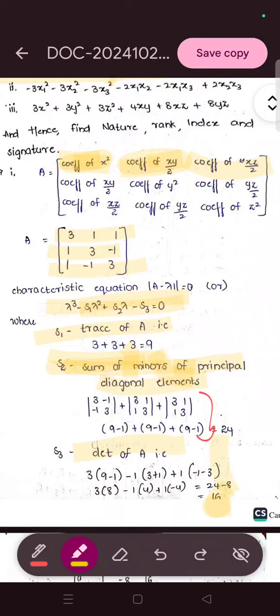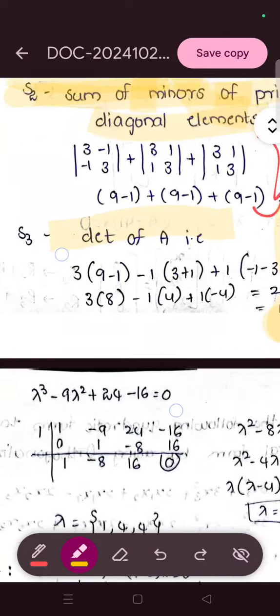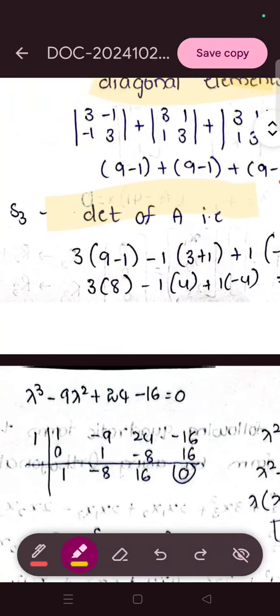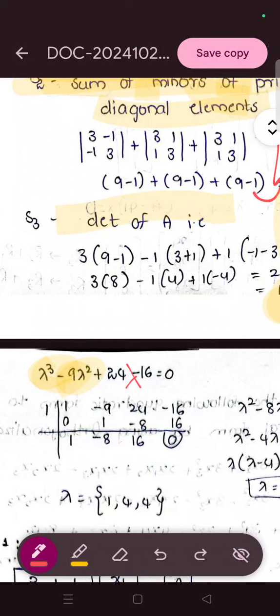So let's frame the characteristic equation. That is lambda cube minus 9 lambda square plus 24 lambda minus 16 equals 0. You can solve it by using a scientific calculator or Casio, or you can solve it manually using synthetic division.